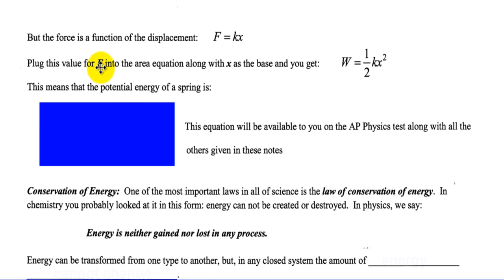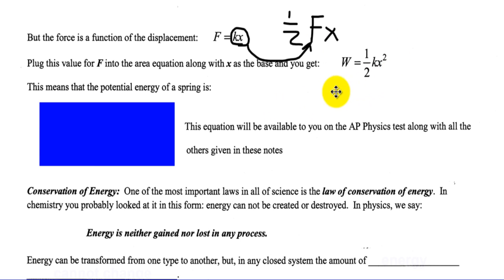So plug the value of F into the area equation along with x as the base, and you get work equals 1/2 kx squared, right? Because your base was the x and your height was the force. So essentially you had 1/2 force times x, and you've just substituted this in for the force to get work equals 1/2 kx squared.